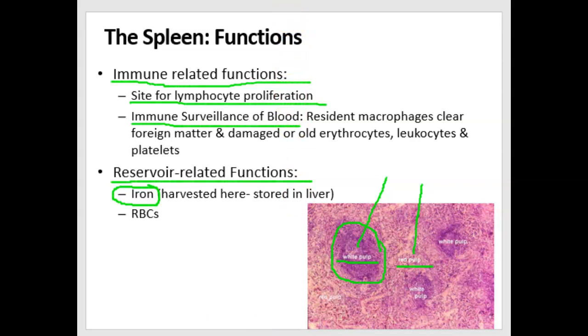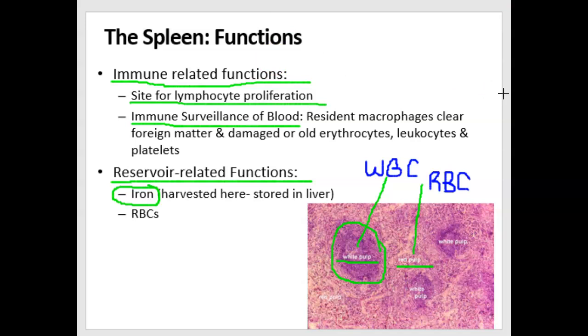each location. So in white pulp, that's where you'd find the macrophages and the lymphocytes. You'd find the white blood cells. And in the red pulp, you'd find red blood cells. Now, I've talked a lot about how the spleen is a site where red blood cells are broken down and the parts are harvested for storage or whatever.